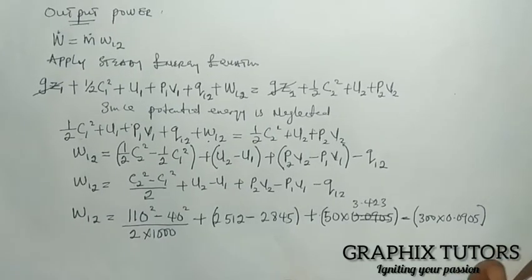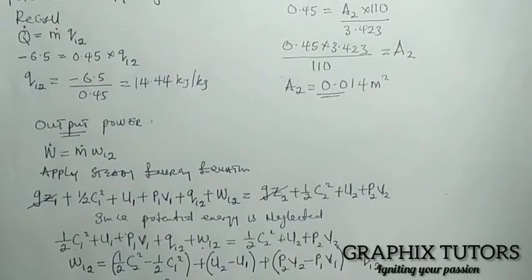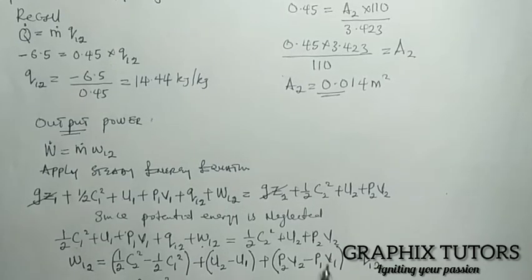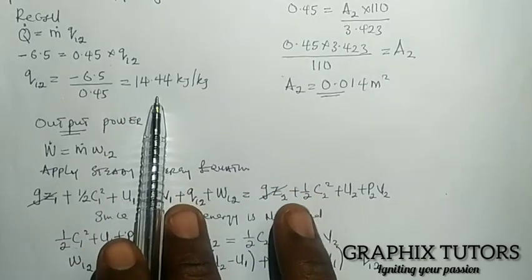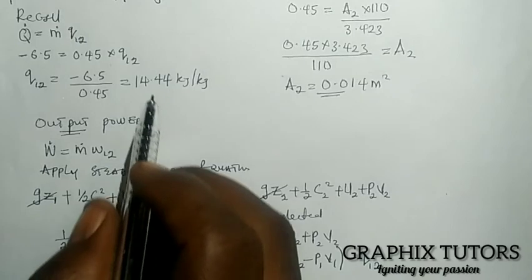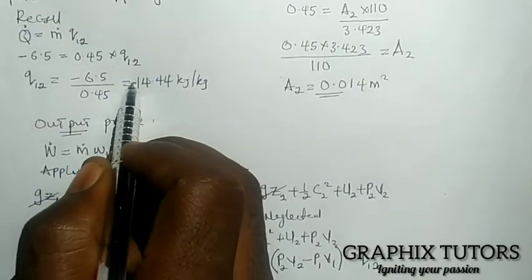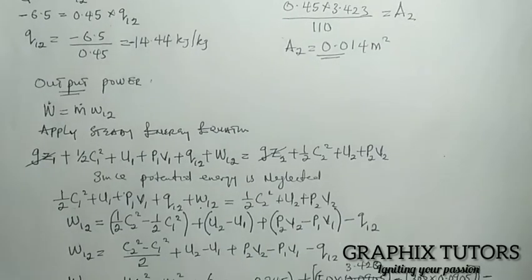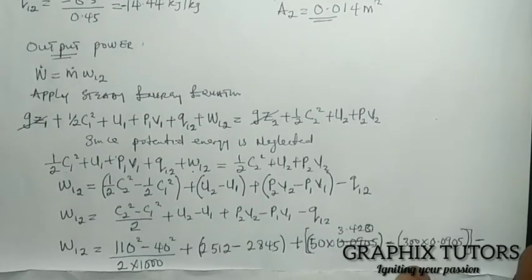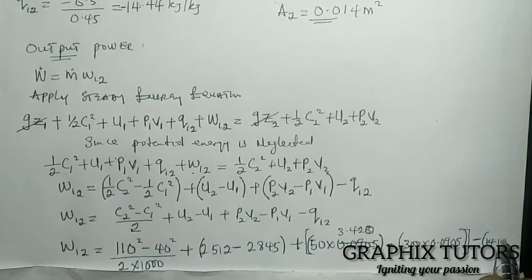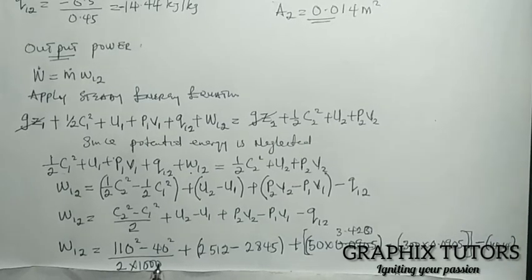This is what we're having here. So minus q12 here, the q12 is giving us 14.14. So I have found it to be negative, because it is also negative here. So into bracket, 14.14. Are we good?